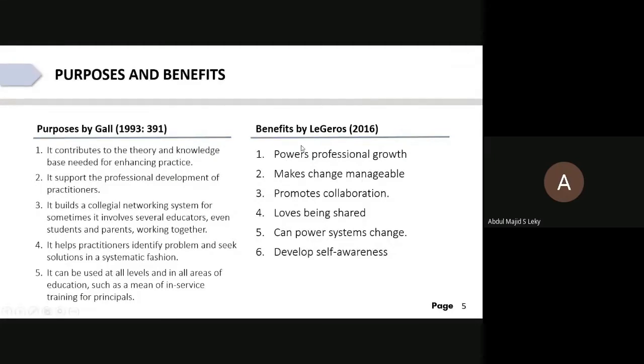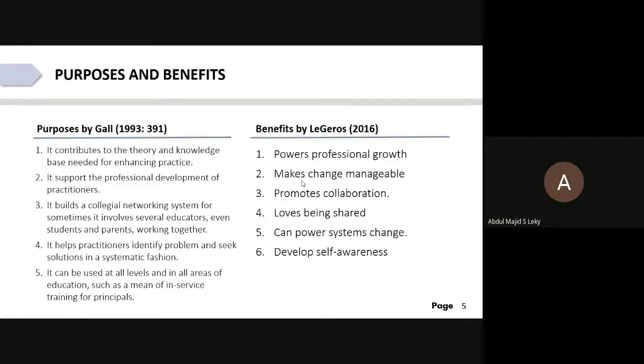Now, here we come to the benefits of classroom action research by Leky, 2016. Number one, action research powers professional growth, which is similar to the previous explanation. Second, it makes change manageable.